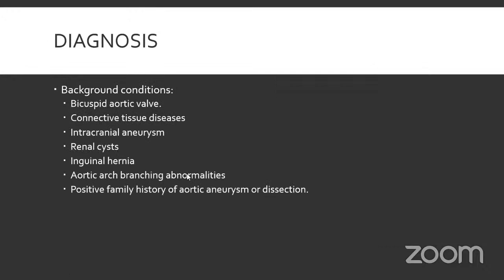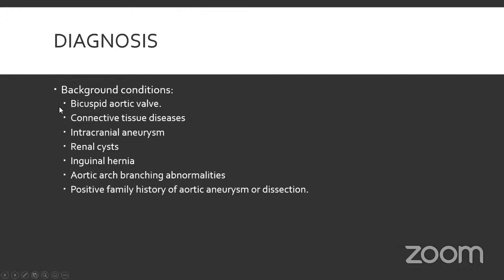Now, upon review of the patient history, sometimes there are some background conditions that may hint that the patient may have an aortic aneurysm. These are conditions that are found to be associated with aortic aneurysm, and they may raise your suspicion of such a diagnosis.